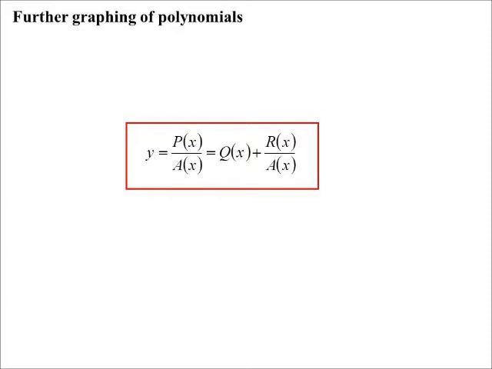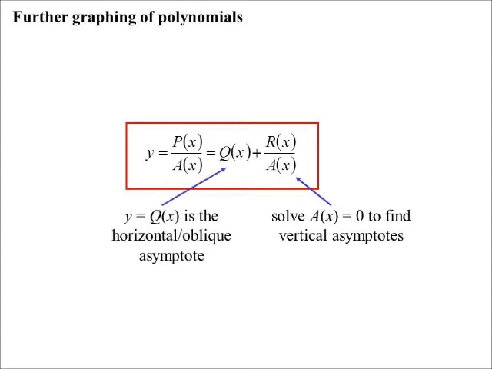So how do we do it? Once we break it up using our polynomial division, remember the bottom of the fraction can't equal 0. That tells us where the vertical asymptotes are. The quotient turns out to be the horizontal or the oblique asymptote. And in fact, that was the first part of this question. It said to do the division, and then it said, what would the oblique asymptote be?